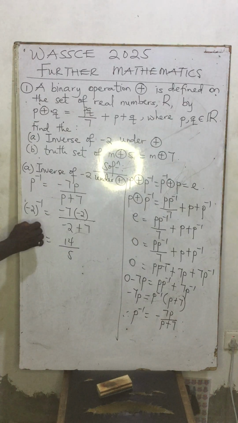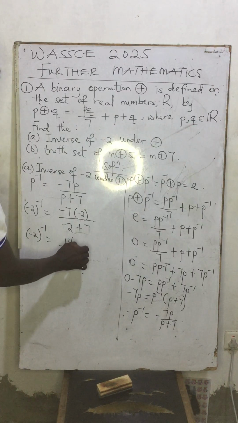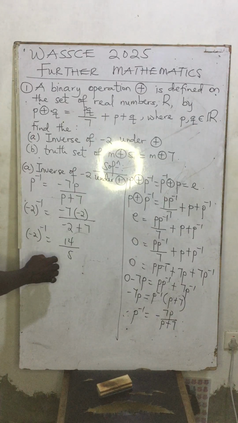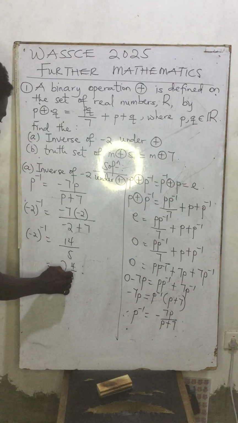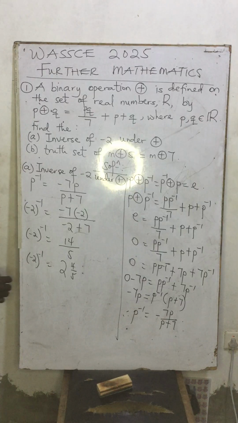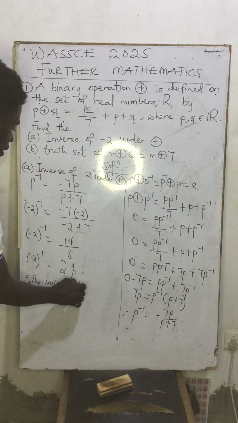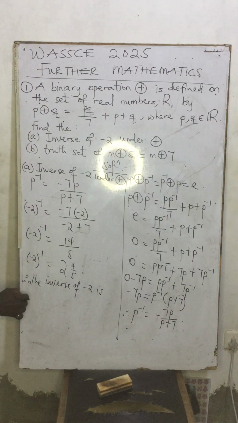So -2 inverse is 14 over 5, which we can also write as 5 goes into 14 2 times, remainder 4 over 5. So therefore the inverse of -2 is just 14 over 5.